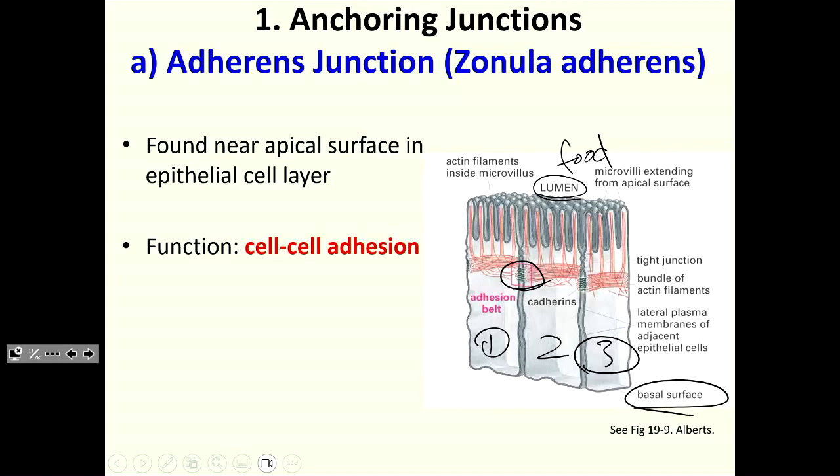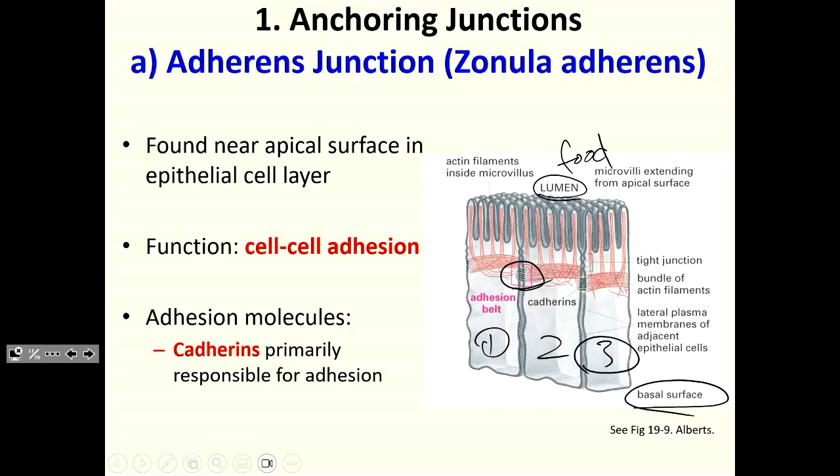This is something that you need to always pay attention to. Make great exam questions. So adherence junctions, cell-to-cell adhesion, and the major protein within that point of contact between adjacent cells, those proteins are called cadherins. They're a family of proteins. They're in red, so hey, kind of important, right?